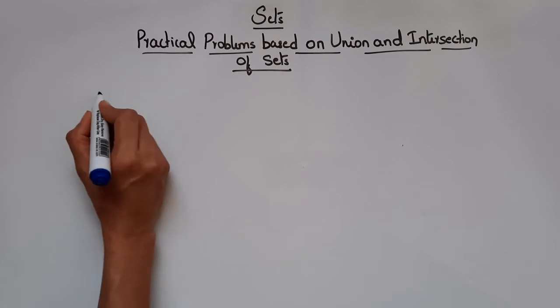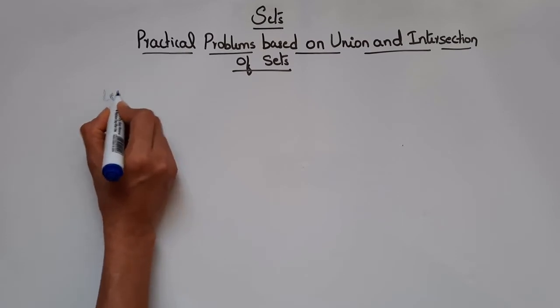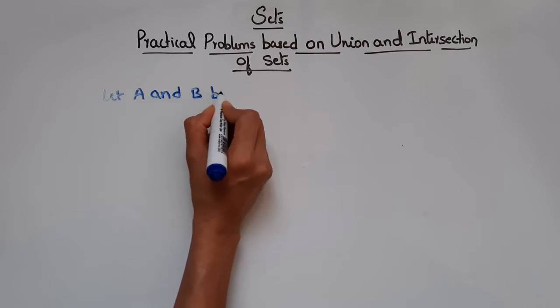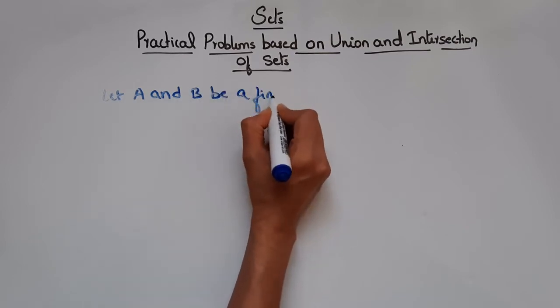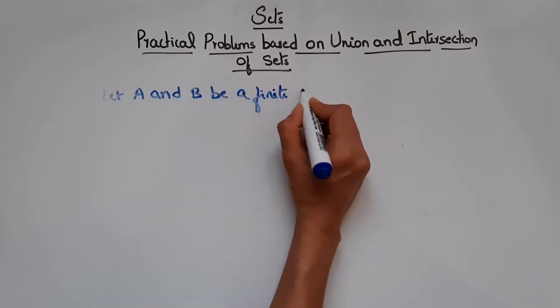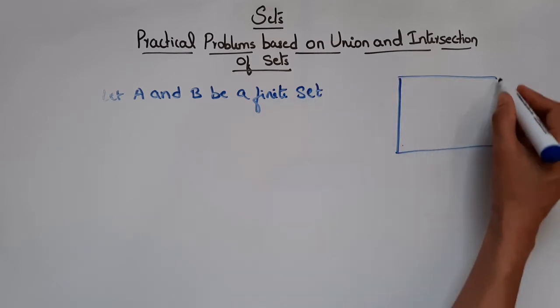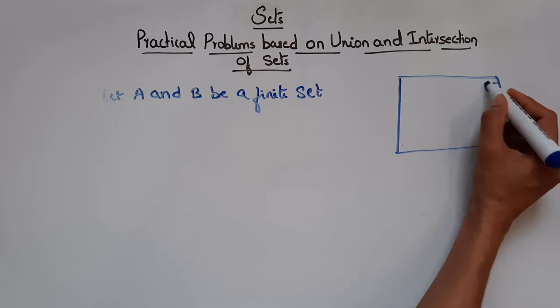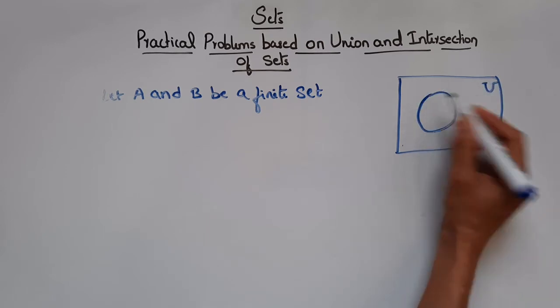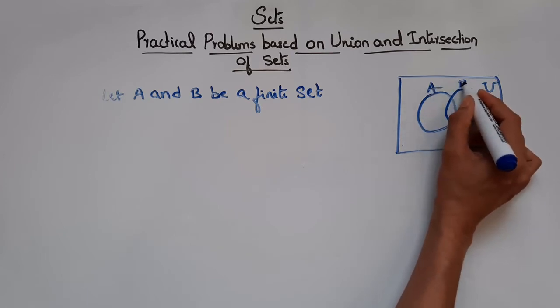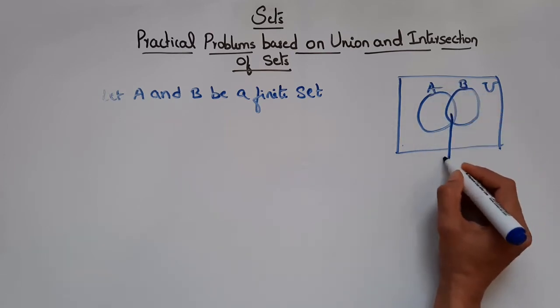For that, first let's take two finite sets. Let sets A and B be finite sets. Let's see in the Venn diagram. We know this is U, and we have set A and set B. So what is this?